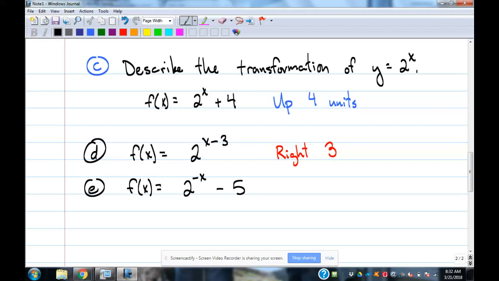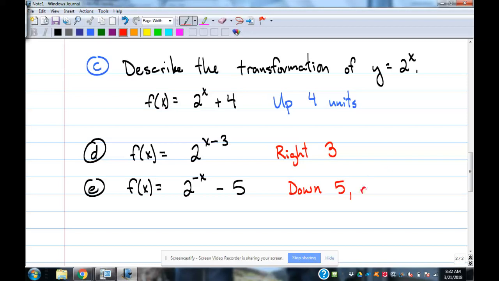I agree with that part. What does that negative on the x do? Across what? The y-axis. Because we're changing the sign of the x's. So if x was positive 2, if I change the sign of it, it throws it over here to negative 2.